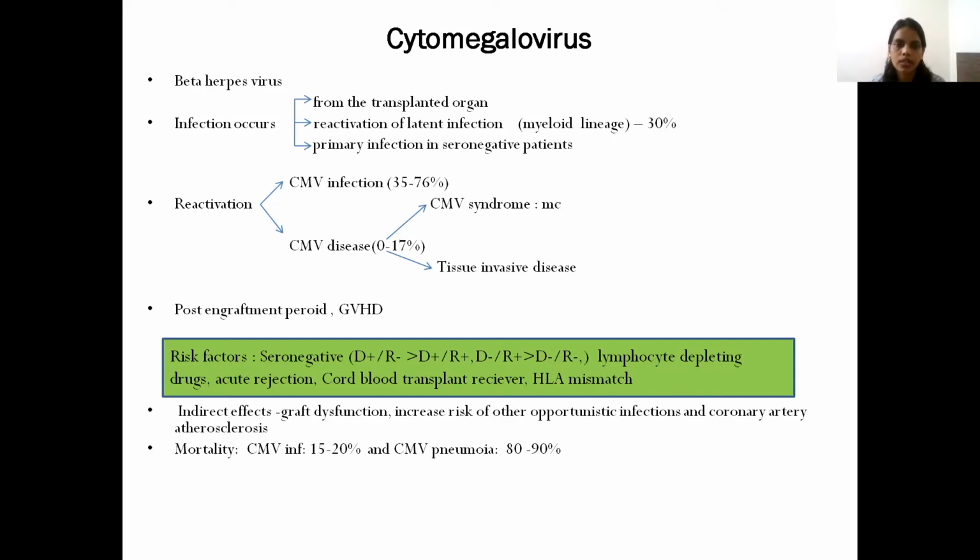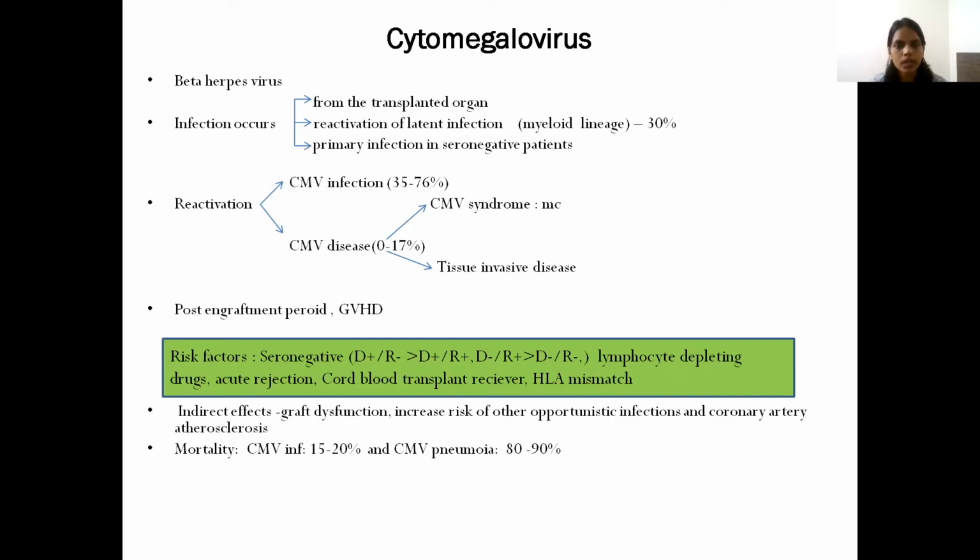Other risk factors are acute rejection, cord blood transplant recipients, and HLA mismatch. Apart from the direct effect of cytomegalovirus, it can also cause indirect effects: it can cause graft dysfunction, it can cause immunosuppression, and hence predispose the host to increased risk of other opportunistic infections.